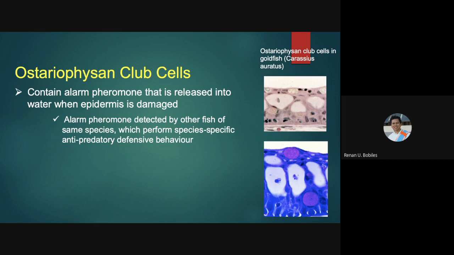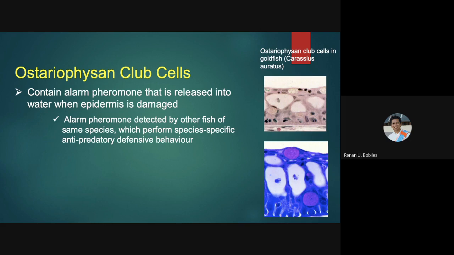Take note na most of these Ostariophysan species or members of the Ostariophysan superorder are freshwater. Freshwater, usually ang environment is murky. Malabo yung tubig.